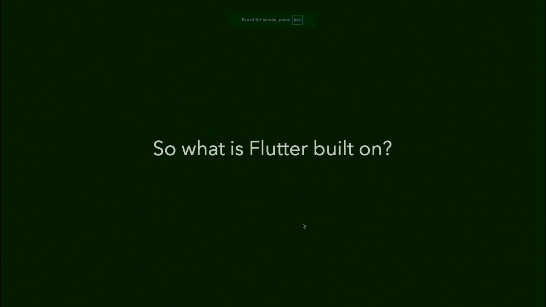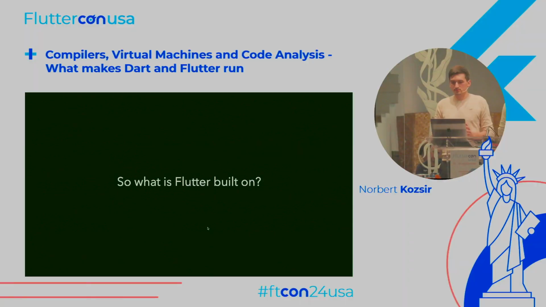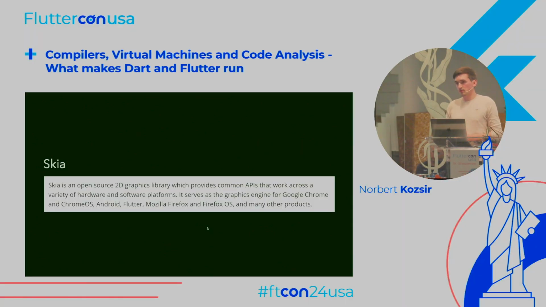So if we go back here, what happens next? We are in C++, we're in the engine. What is Flutter actually built on? One of the things Flutter is built on, or used to be built on because Impeller is coming along, is Skia. You can look it up online, there's nice documentation for it. Skia is a 2D graphics engine which gives you APIs to do graphical operations on multiple different devices.